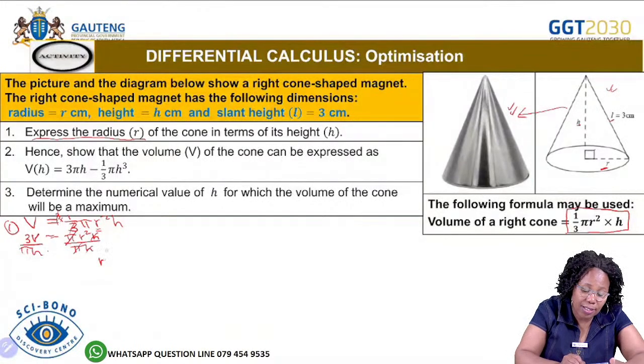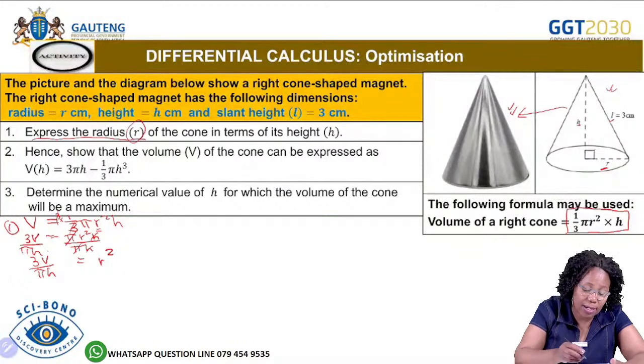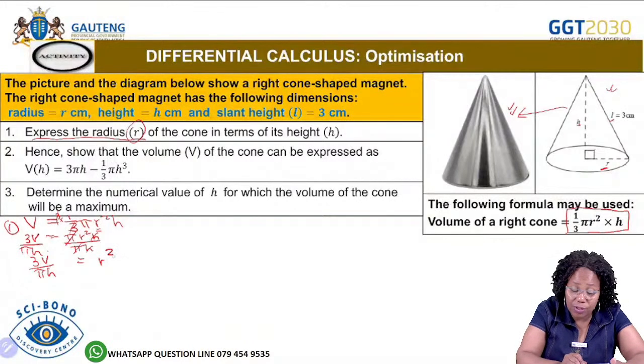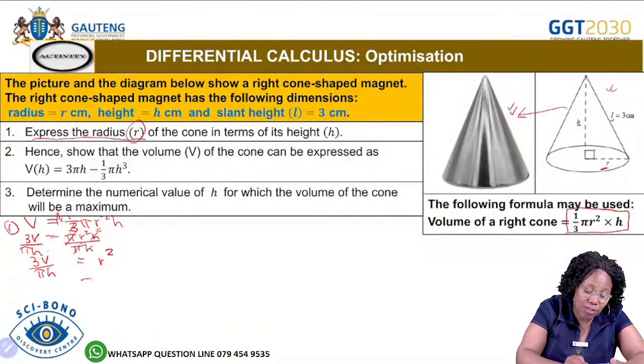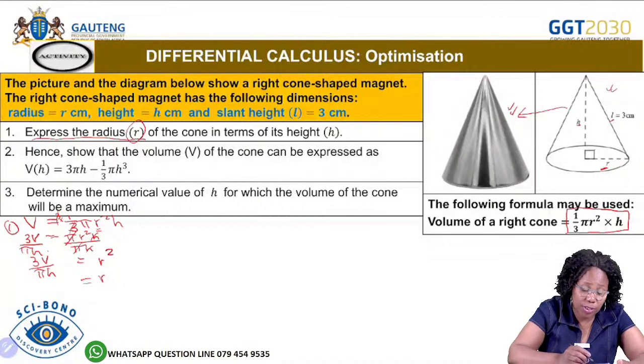So pi will cancel pi, H will cancel H. So on the right hand side we are left with R squared, and then the left hand side will be now 3V over pi H. But we don't need R squared, we need R. So this will lose an exponent too, because it's a radius, it's a distance or length, then it will only be positive, right?